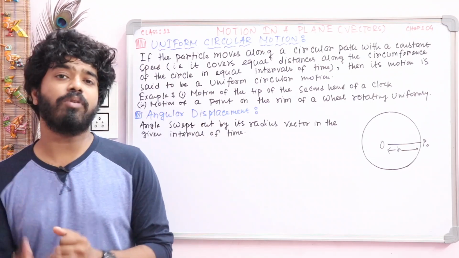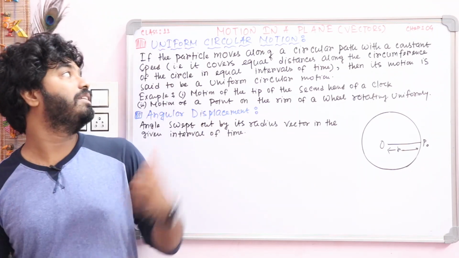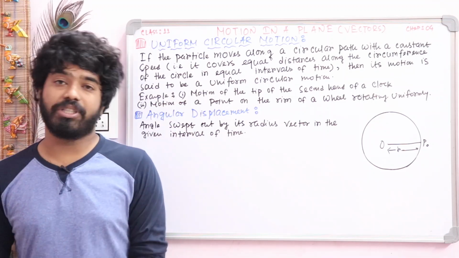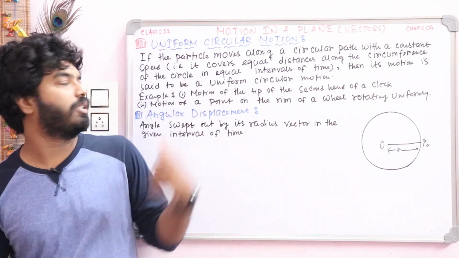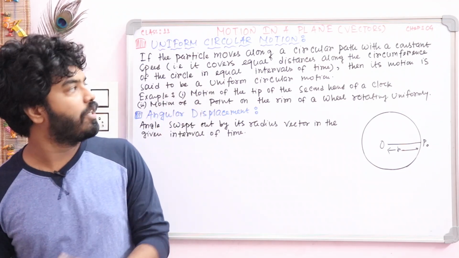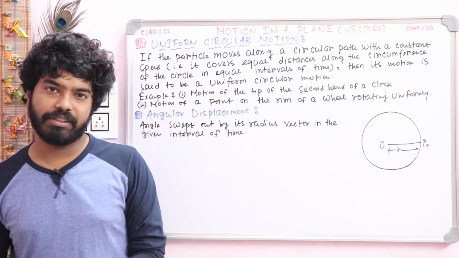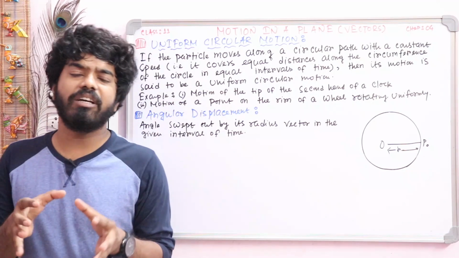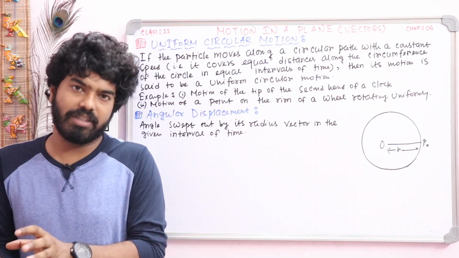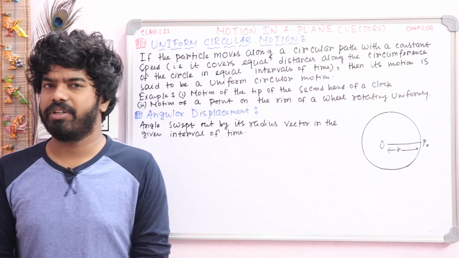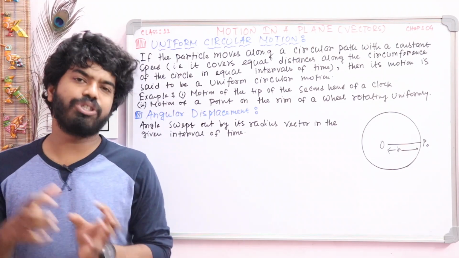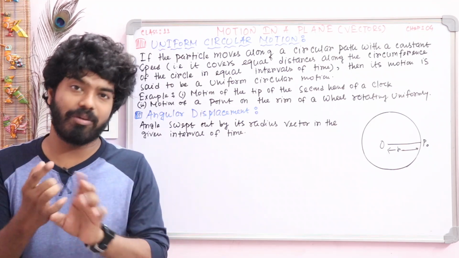Okay, so first of all you have to know what is the meaning of uniform circular motion. Write it down. This is our definition. If a particle moves along a circular path with a constant speed. You know the meaning of uniform motion: equal distances covered in equal intervals of time. When a body covers a circular path, the motion of the body is known as circular motion.